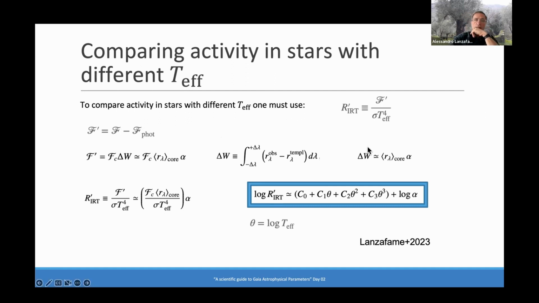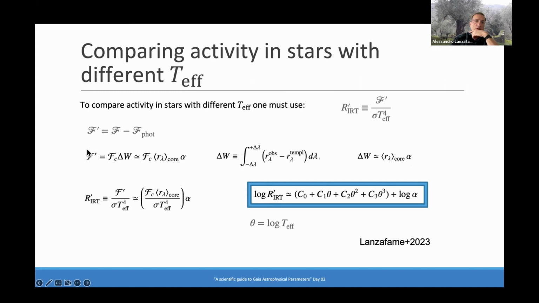So since we give alpha, which is an excess equivalent width factor with respect to the radiative equilibrium model, the excess equivalent width, defined as the difference between the normalized spectrum observed and the theoretical continuum normalized spectrum, is related to alpha by this relationship. You need to take R lambda in the core and multiply this by alpha.